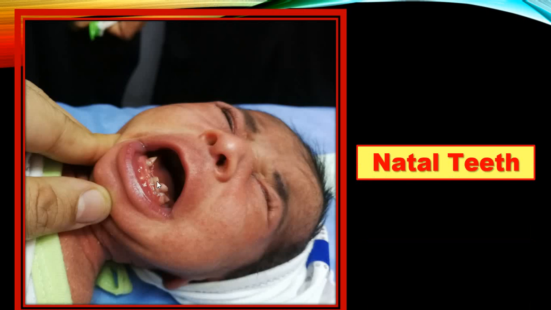They can be dislodged spontaneously, but the significance is that they may lead to suffocation or aspiration because of inward movement into the pharynx and the larynx, or they may cause injuries and problems to the mother in breastfeeding. So if they are easily detached, they should be removed because they may be dislodged and lead to these problems.